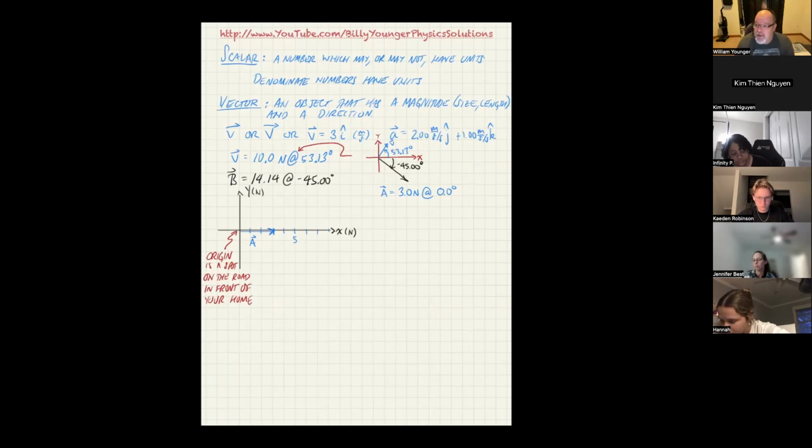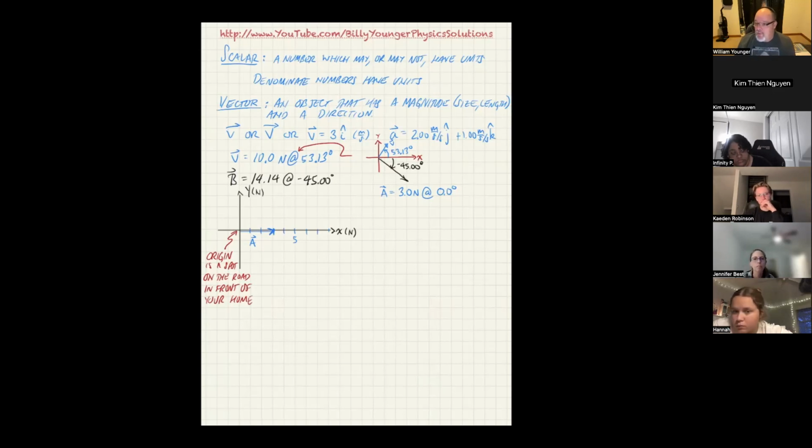So if you were to take a walk from that nail, let's say 3 meters to the right, then this vector A would represent your walk or your displacement as well. Only you'd have to graph it in a distance space as opposed to force space. Because remember, I use the units as newtons here. If you actually walk, though, it might be better to call it a meter.